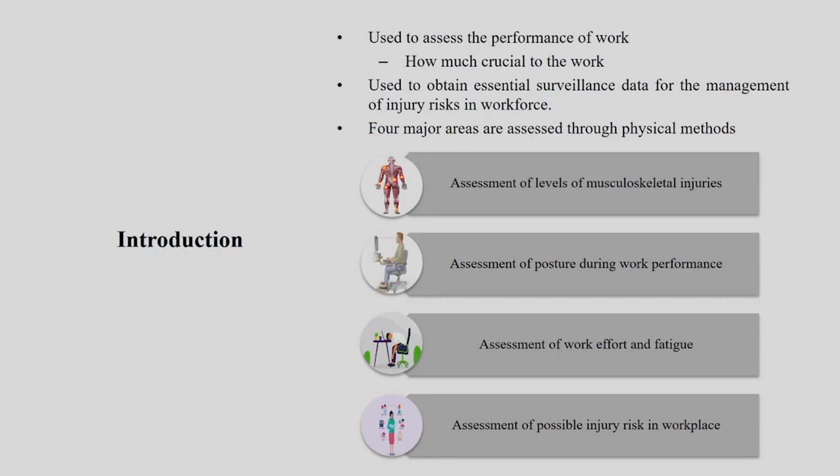For new researchers in the field of ergonomics, in the initial stage of their research, it is the physical risk assessment, different types of physical methods, through which they try to understand what varieties of physical ergonomics concerns are there in that particular work area. So physical domain understanding in ergonomics is very important.